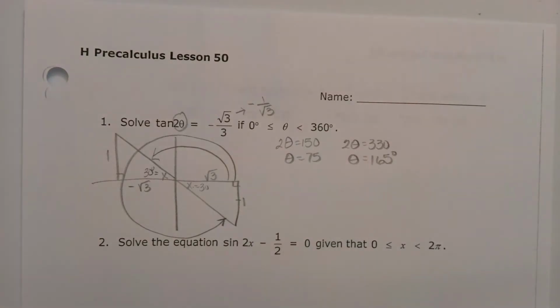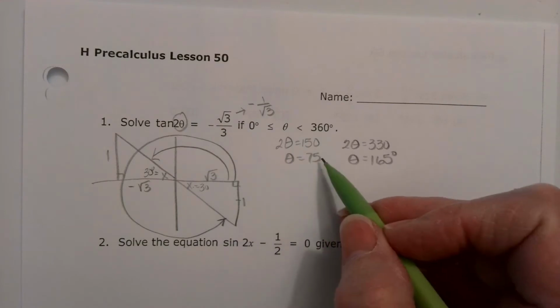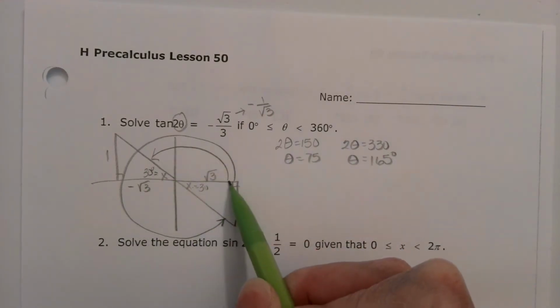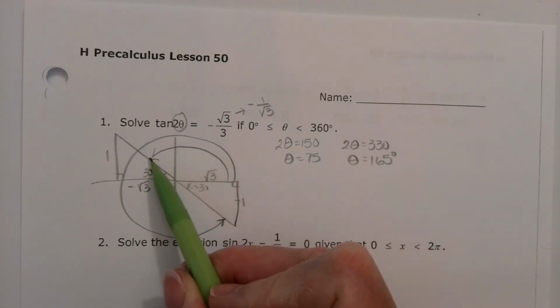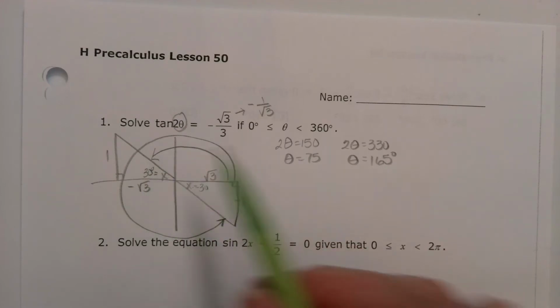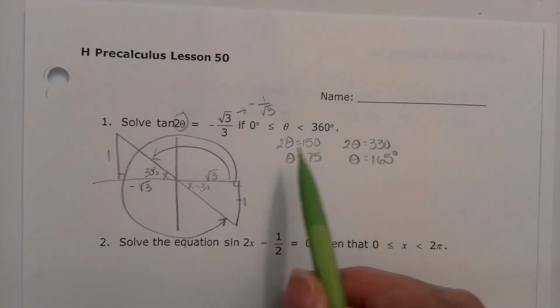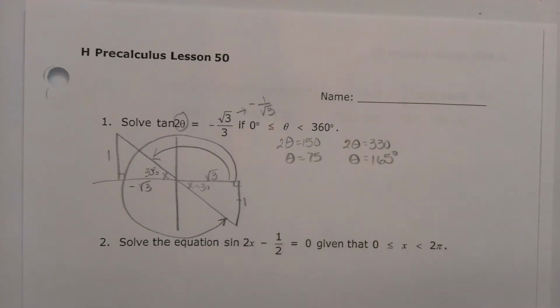Okay, now because it's been multiplied by 2 initially, but then I divided by 2, I can actually go all the way around the circle 360 degrees and then go another 150. And although when I add 360 to 150, I get 510, I'll then have to divide it by 2, and I'm still under 360.